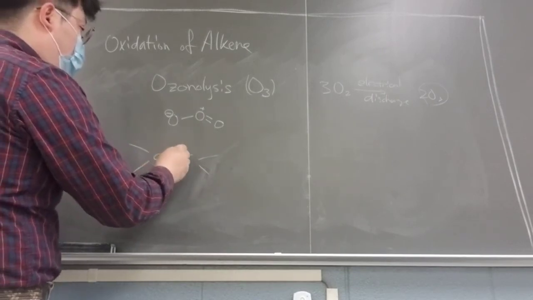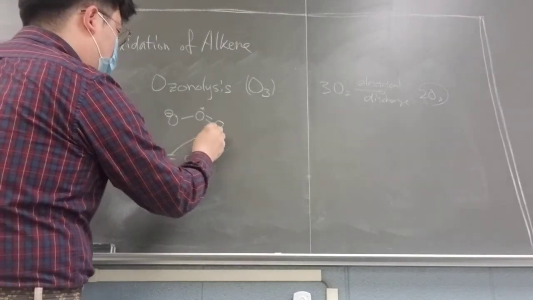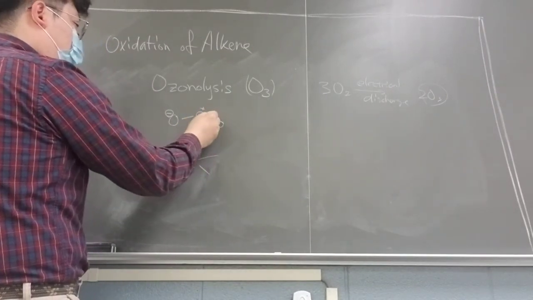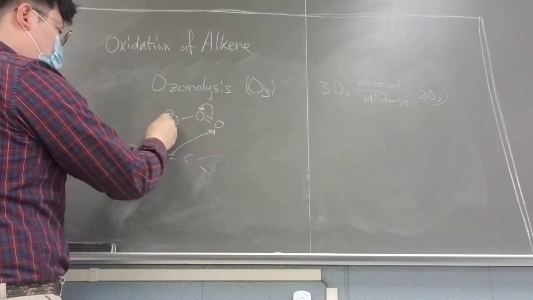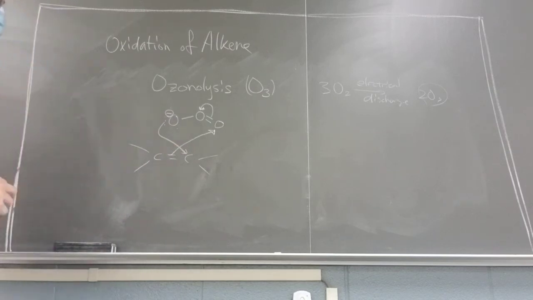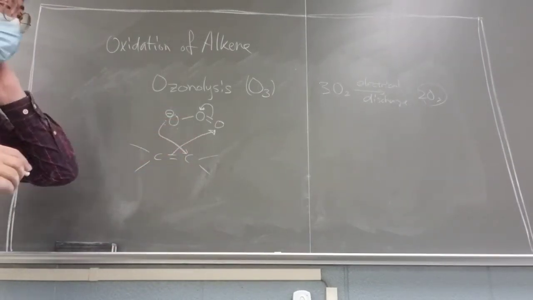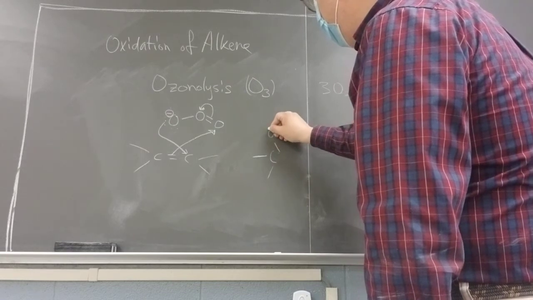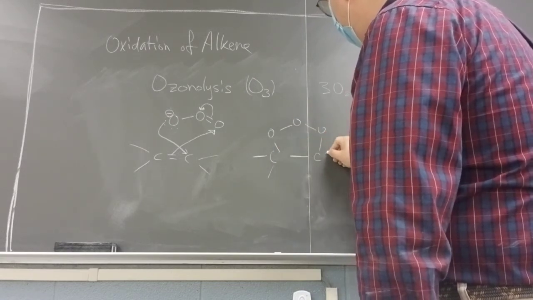What happens is the pair of electrons over here will go to this one over here, and then this one goes to there, and there the pair of electrons goes to this one. If this happens, by the way, you don't have to know the mechanism, but if it does happen, it forms something like this.